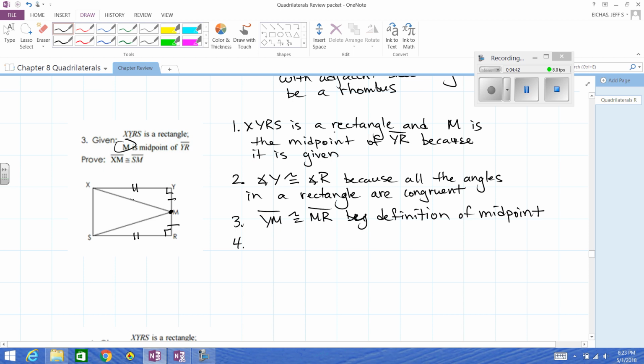All right, we already said it's a rectangle, so we can jump right to this. XY is congruent to SR because opposite sides of a rectangle are congruent.